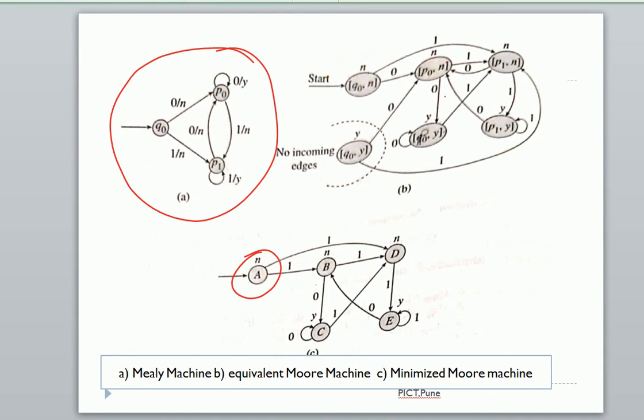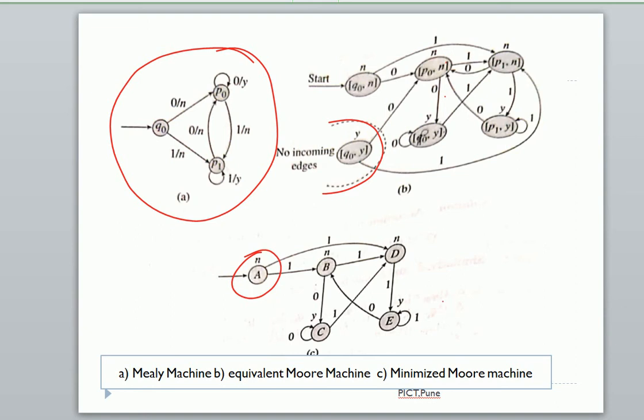And the dotted part, why did we remove that? Because that state is called a dead state. It has no incoming arrow, only outgoing arrows. That means it is not reachable from the start state. From the start state to that state there is no arrow, so we can remove it, which is called the minimized form.